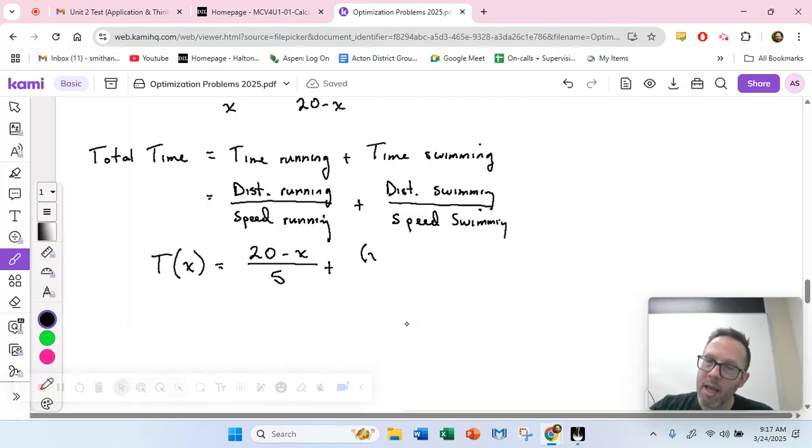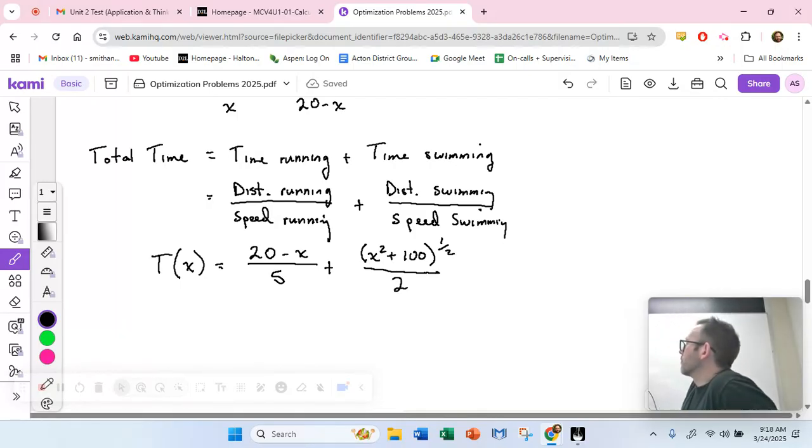I'm just going to write it as a power to get it ready to find the derivative. And we're all set up. The very last thing is that there is a domain for x. X has to be between 0 and 20. It would be kind of silly for the dog to run farther away from Bort to jump in the water. That obviously wouldn't minimize the swim time.